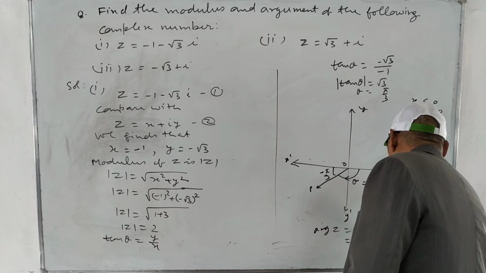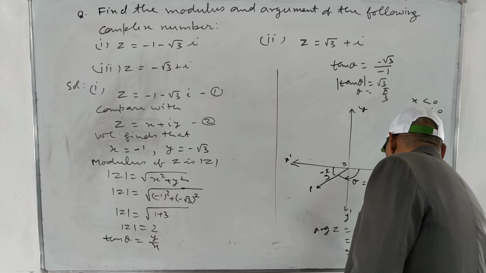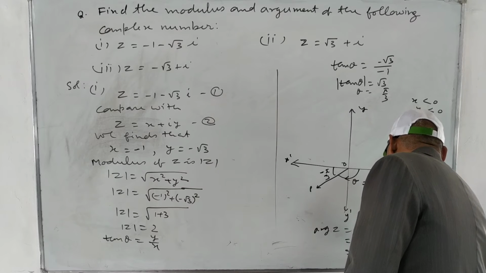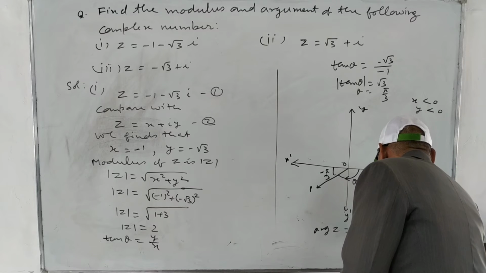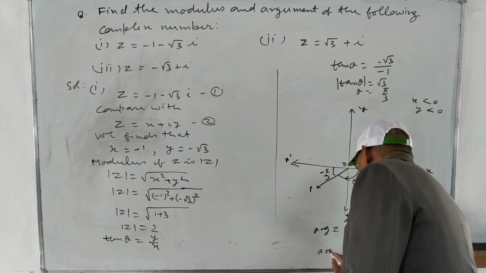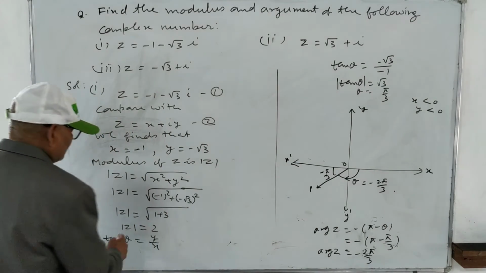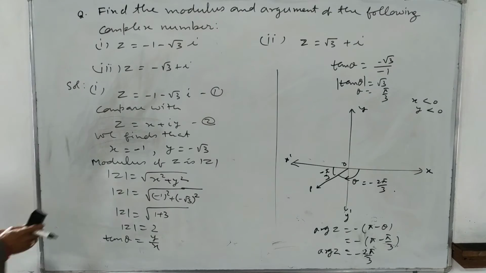So that is equal to minus (pi minus pi by 3). That is equal to minus 2 pi by 3. So your argument of z is minus 2 pi by 3, and modulus of z, mod z, is 2. So now you see your second part.